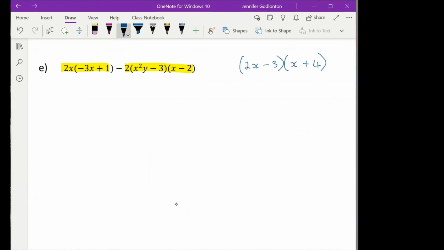So just make sure that you're multiplying everything by everything, not leaving anything out. I'm seeing some great answers coming in for blue in the chat.